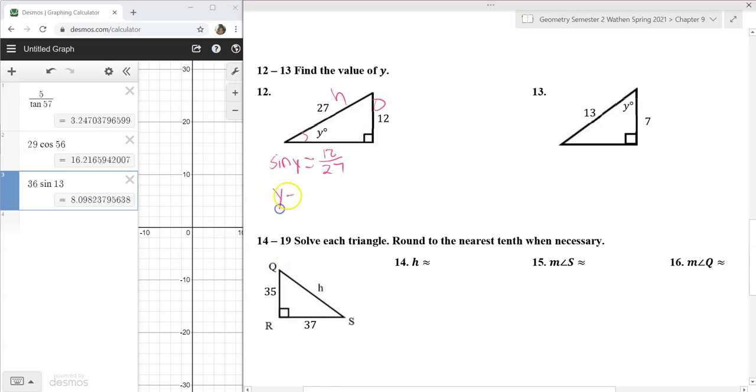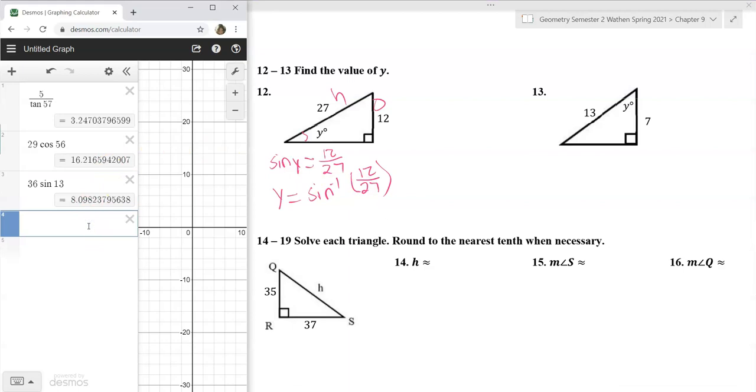So we're going to go ahead and take the inverse sine of both sides, and that'll be y is equal to the inverse sine of 12 over 27. Now in the test, that's how you'll put in your answer, but it's good practice to find the decimal approximation as well. Make sure that makes sense.